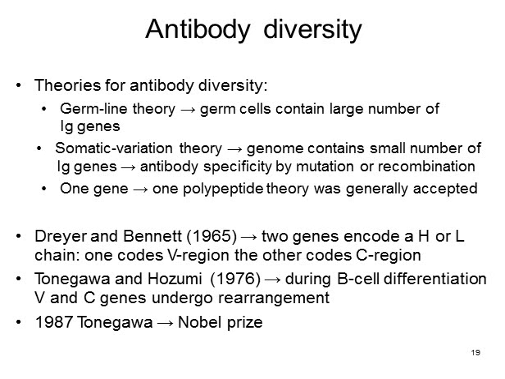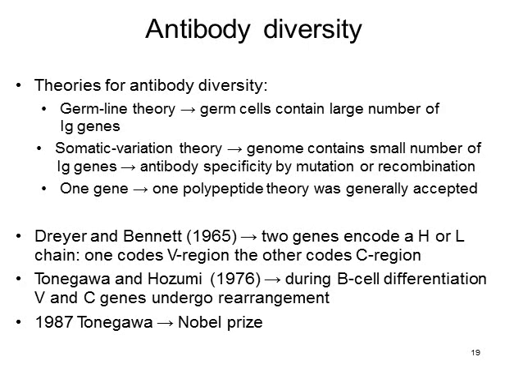There were several theories covering antibody diversity. The first was the germline theory, suggesting that germ cells contain a large number of immunoglobulin genes. The second was the somatic variation theory, strongly suggesting that our genome contains only a small number of immunoglobulin genes, and that the antibody specificity arose through mutation or recombination of these genes.